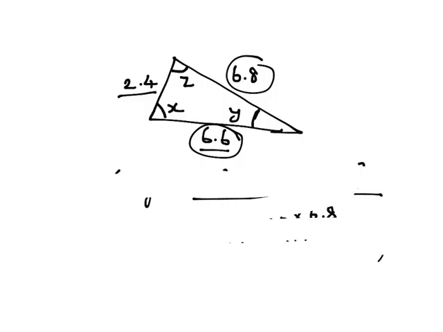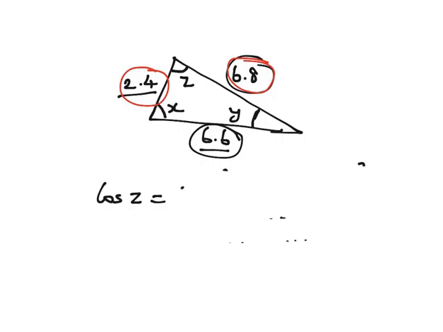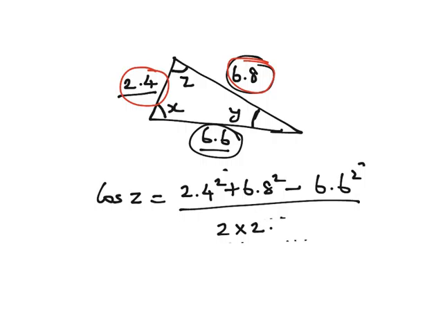So cos z equals, the sides that make z are these two, 2.4 and 6.8. So 2.4 squared plus 6.8 squared minus the remaining side, 6.6 squared, divided by twice 2.4 into 6.8. From this you can find the value of z.